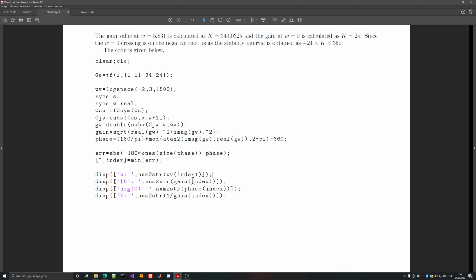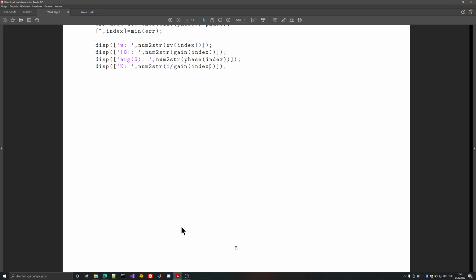So the safest way is to look for the closest point, and that can be defined by an error vector, and you can minimize this error. So basically, I'm doing this here, and once I've acquired that point, I display the omega value, the gain at that point, and the argument at that point, and I can easily look for k, because this is the inverse of the gain value at that point.